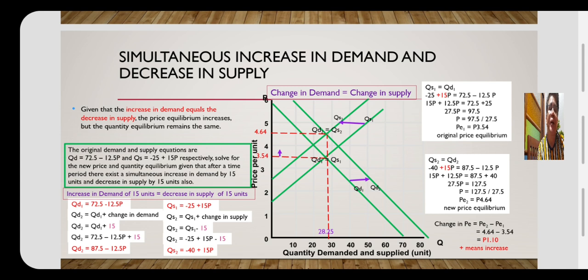The demand increased, but the supply decreased. Earlier, both the demand and supply increased, but this time only the demand increased, but the supply decreased. So we expect the supply curve to shift to the left, while the demand curve shifts to the right.